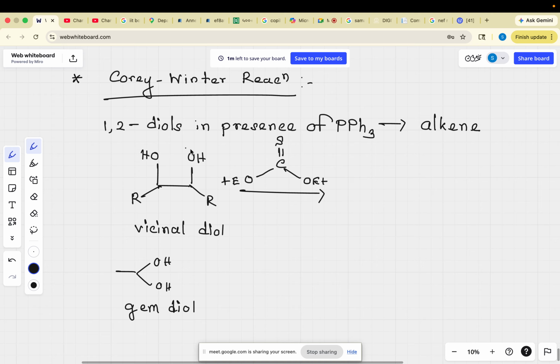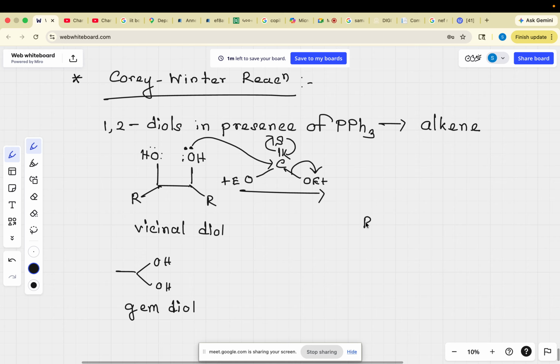What will happen? Oxygen has a lone pair, right? Oxygen will attack this carbon, this bond will break, it will come back again, and ultimately this OEt group will be released from here.